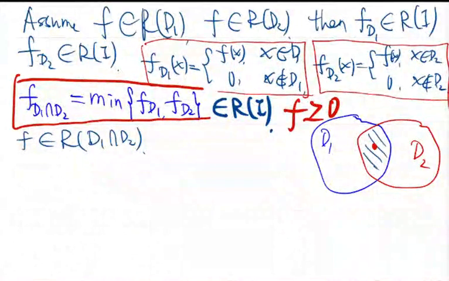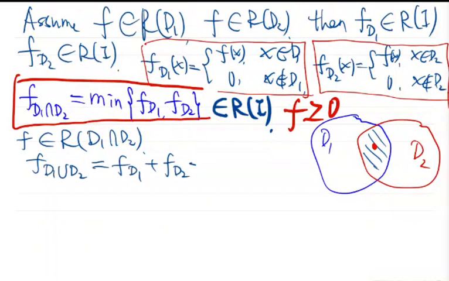To prove that it is integrable over the union, we see that f on the union can be expressed by f D1 plus f D2 minus f D1 intersect with D2. This equality can be proved very easily by taking different x from D1, D2 and the intersection. In every case, the equality is true.